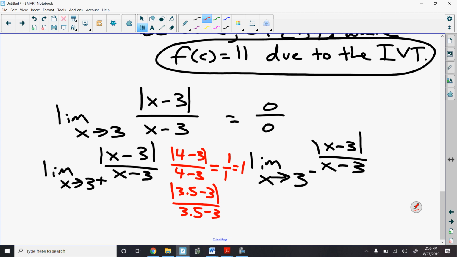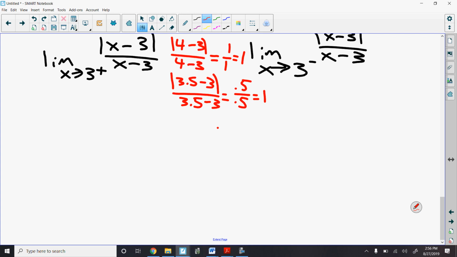I get 0.5 on top. The absolute value of 0.5 is 0.5. Then I get 0.5 on the bottom. And again, I'm getting 1 coming out. Let's try a number even closer, like 3.1. Well, 3.1 minus 3 is 0.1. The absolute value of 0.1 is 0.1 over 0.1.